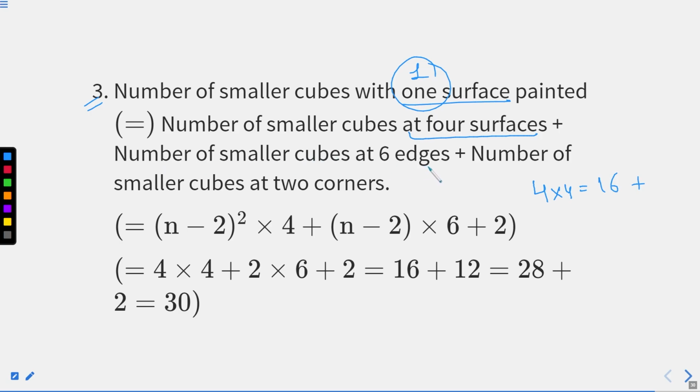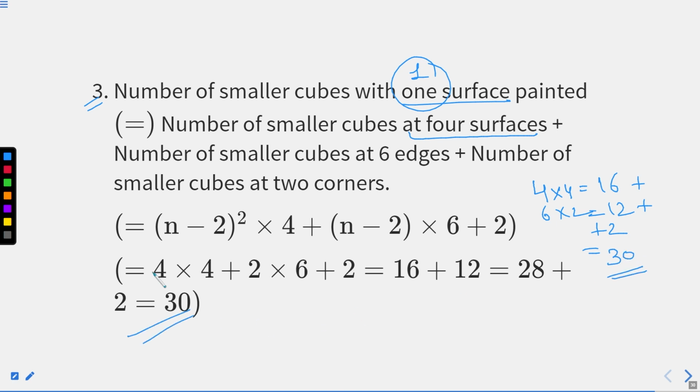At every edge, how many do we have? 2. So it will be 6 multiplied by 2, which comes out to be 12, plus the number of smaller cubes at 2 corners, plus 2. How many will be there?